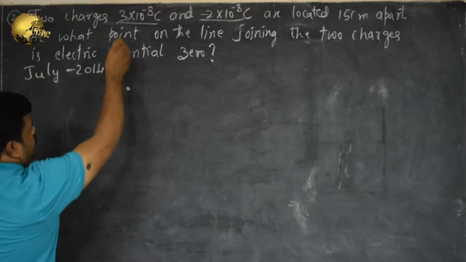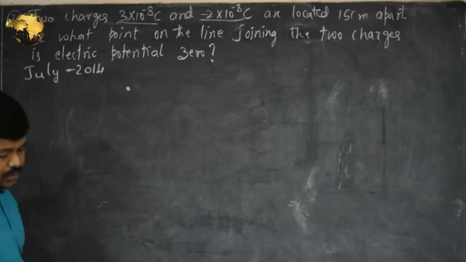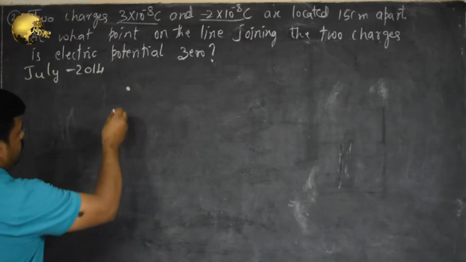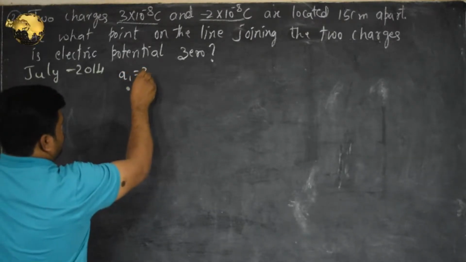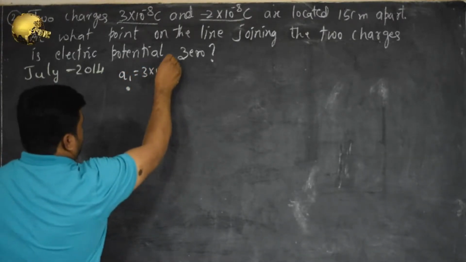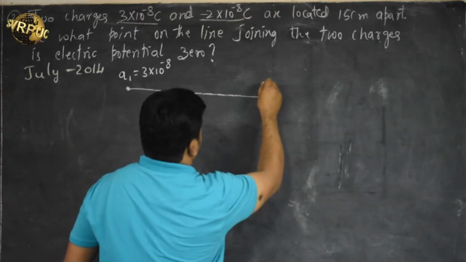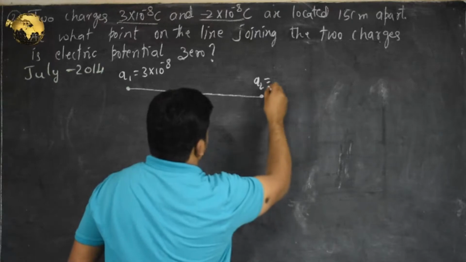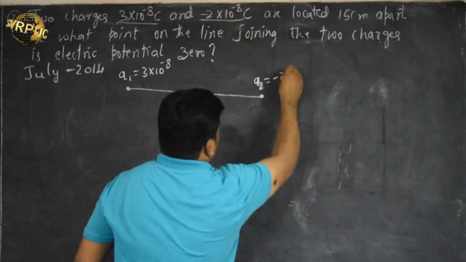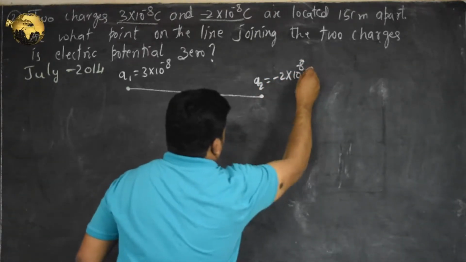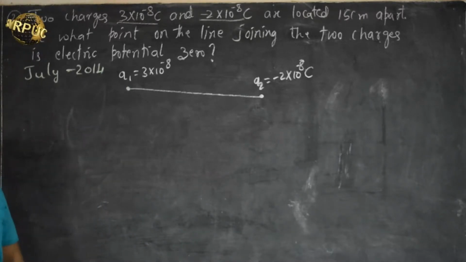I take 3 into 10 to the power minus 8 as Q1, so Q1 is equal to 3 into 10 to the power minus 8 coulomb. And the second charge I call Q2, minus 2 into 10 to the power minus 8 coulomb.